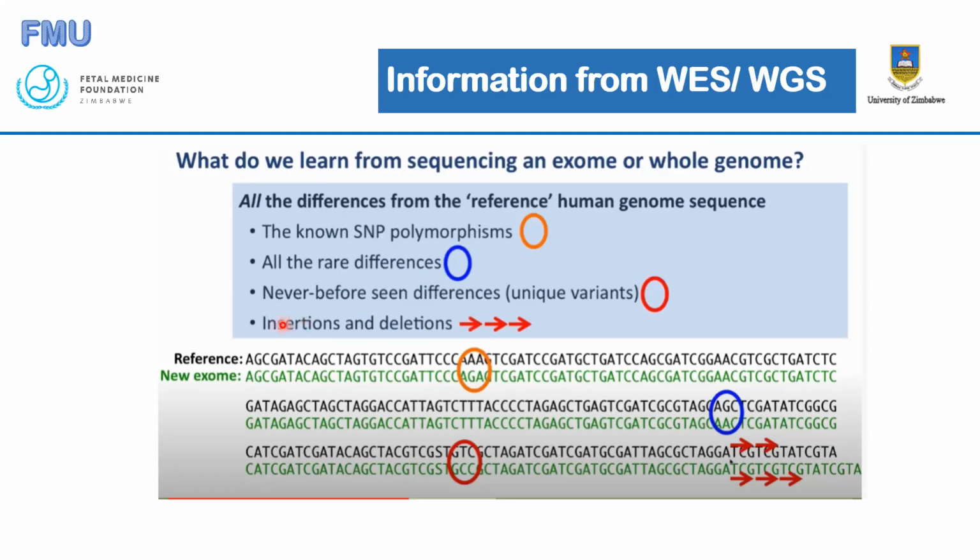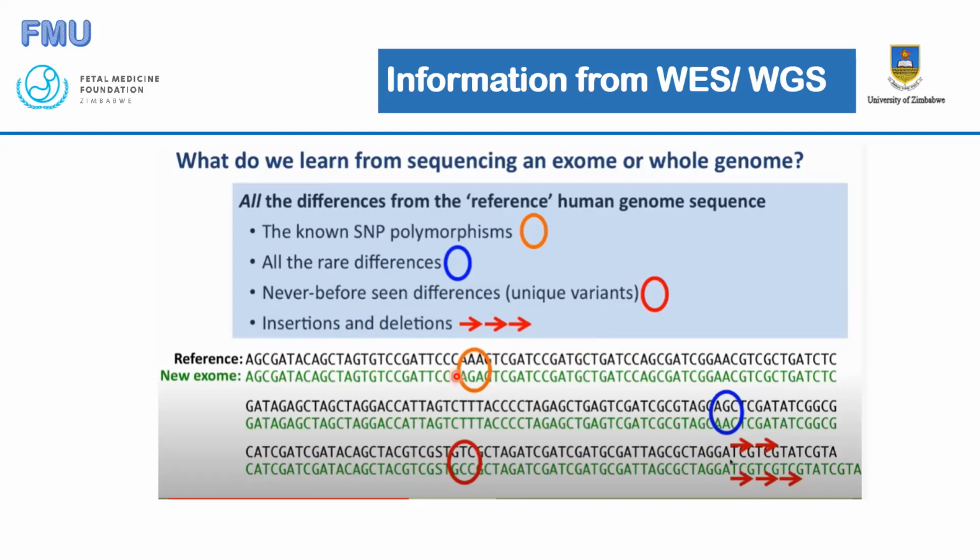Then we can pick insertions and deletions. These are the pathological issues that you want to pick to say, is there a missing nucleotide? Is there another nucleotide that has been inserted, as we see here?